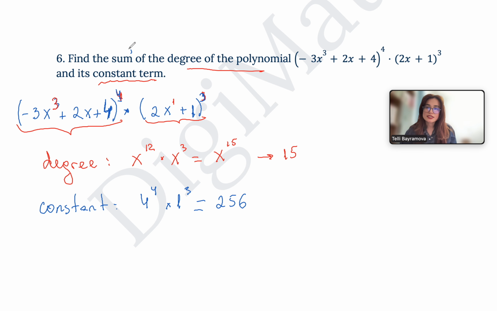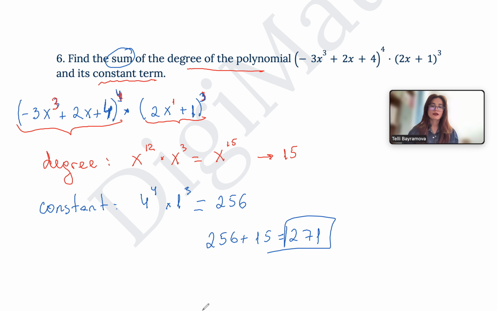What does the question ask? The sum of them. So 256 plus 15 is going to be 271.